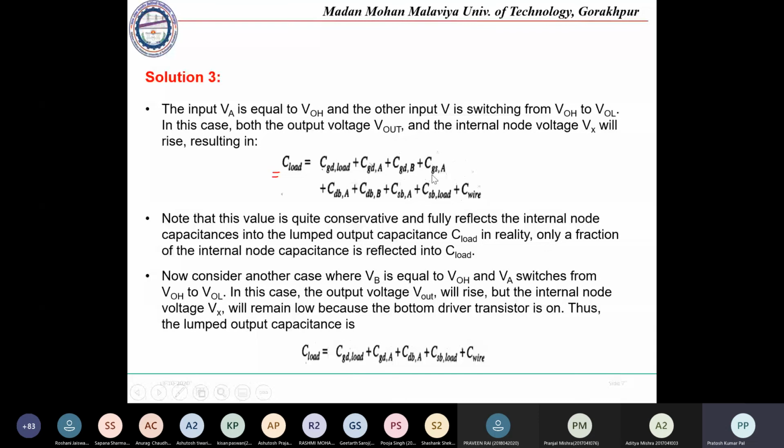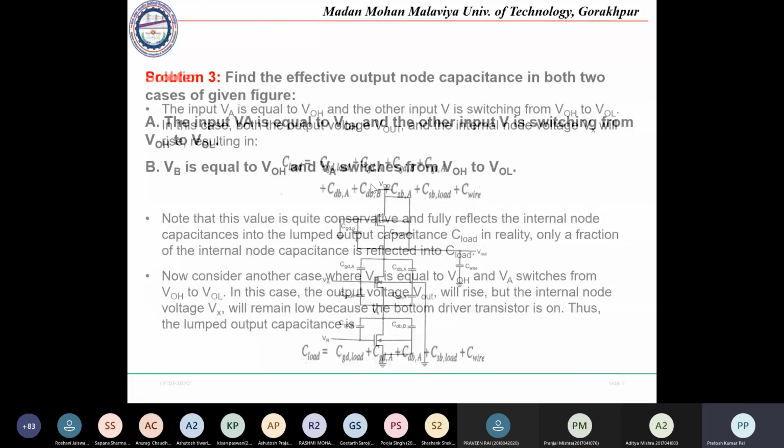So all the capacitances associated with this terminal of the load, along with the wire, will be there.